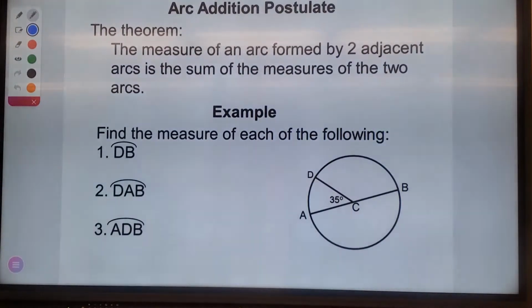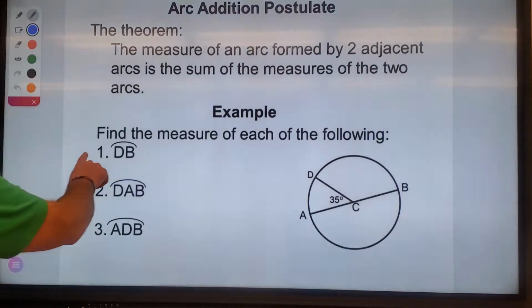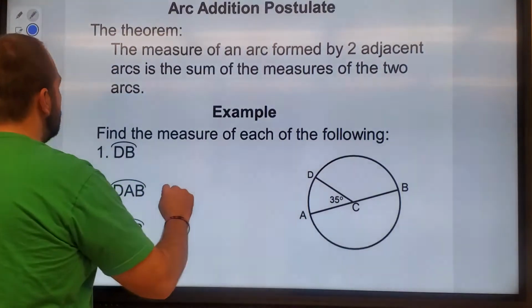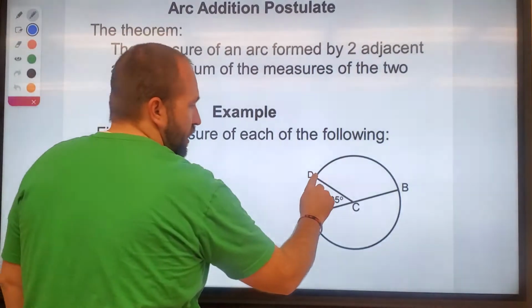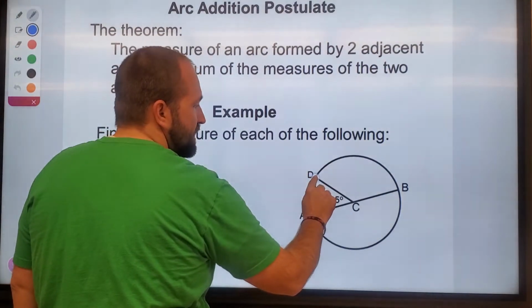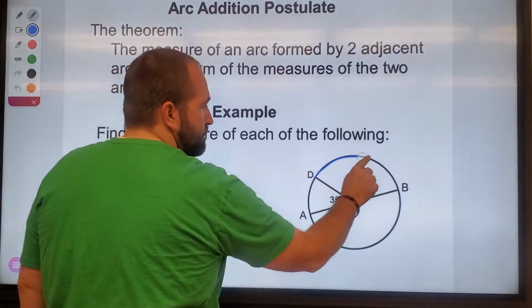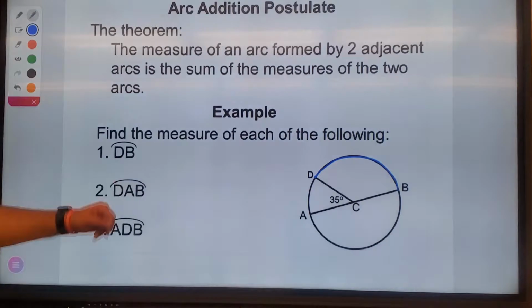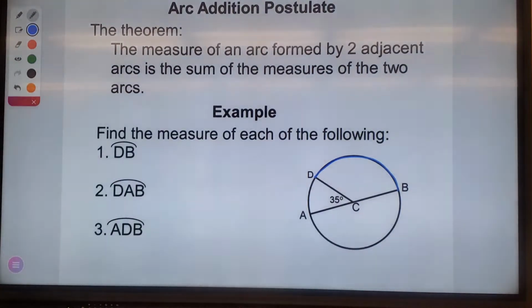So arc DB is equal to what here? Let's do arc DB in blue, and I'll highlight it here. It goes from D straight to B. If I give you two letters on the arc, that will typically mean that you only have a minor arc.